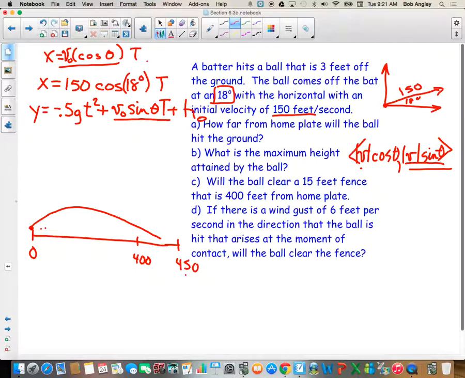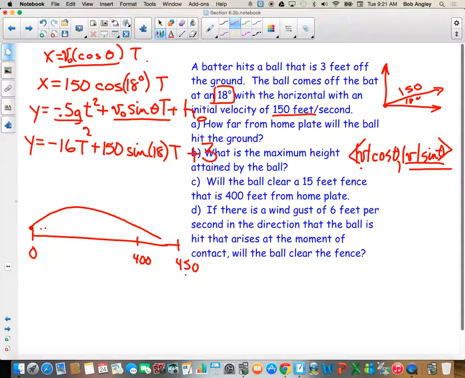That was like before. Okay, so right here, when we write ours, this was the formula. This is going to become right here, negative 16, and then a t squared. Now we're going to get here 150, because that was our initial velocity, and then sine of 18 t. The t is not in parentheses with that, and then we're going to get plus 3, because the ball was 3 feet above the ground.